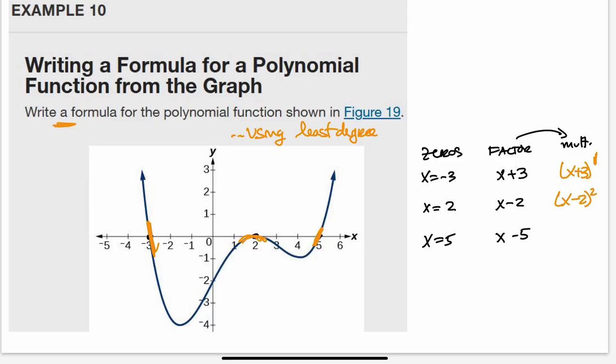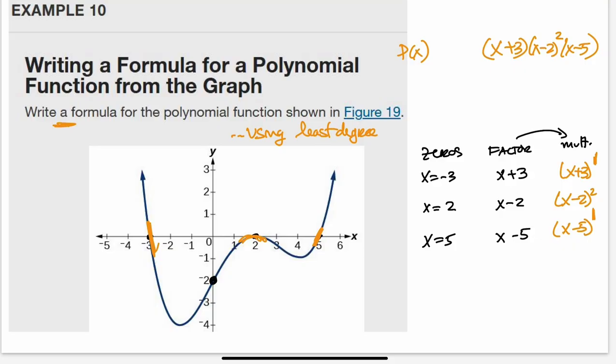So here, notice it crosses, so this is going to have some sort of odd degree. I'd say 1, right? So if I go x plus 3, x minus 2 squared, x minus 5, that would be one version of this polynomial.